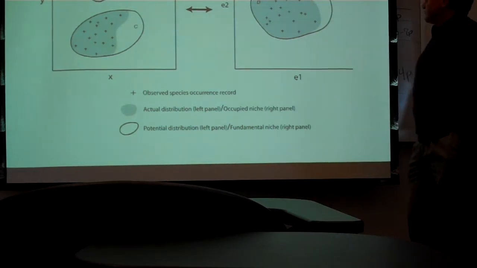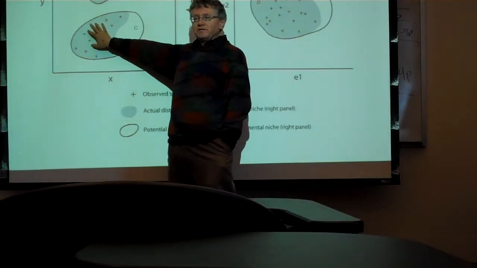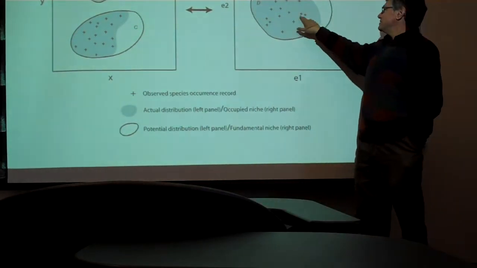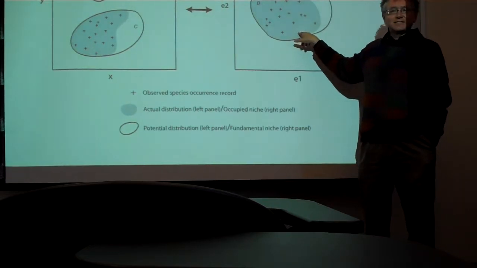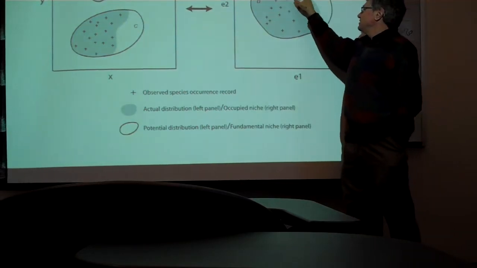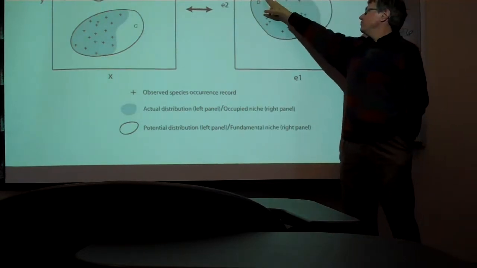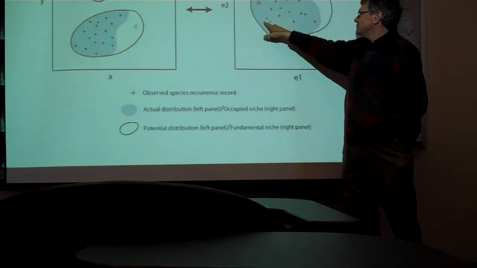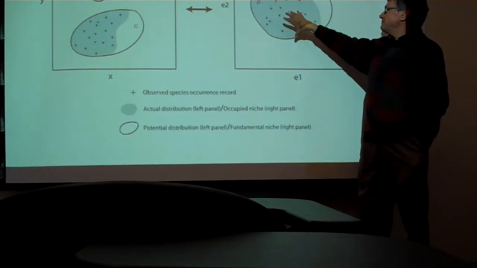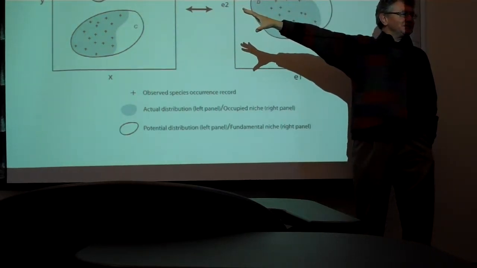So the general notion is we have a bunch of observations in geographic space, these pluses. We collect environmental data, come over to the environment space, plot our observations there, and use some sort of model to extrapolate, to identify what part of the environment space the species inhabits, and then project that back into geographic space.